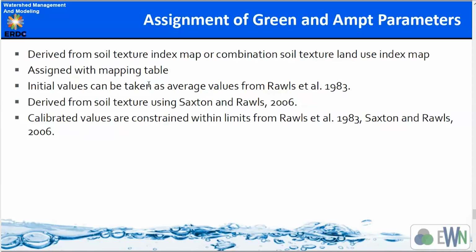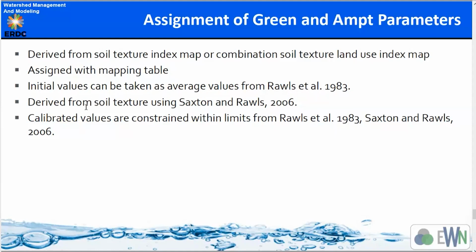So this is assigned with our mapping table, like we talked about yesterday. And initial values are taken as average values from Rawls et al. Rawls et al. They went out into the world and collected samples for 100 years and thousands of samples, and they've published these values of parameters in the ranges.